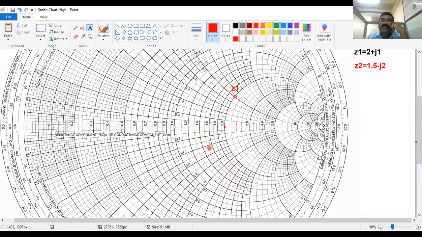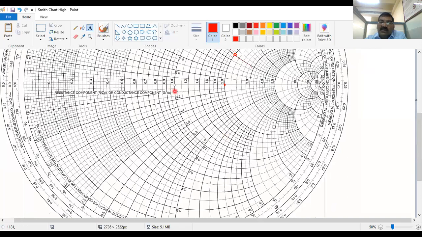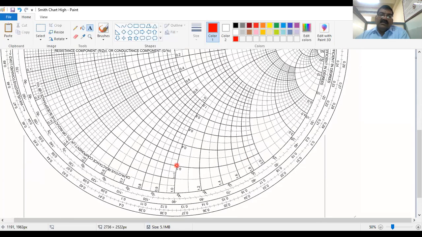I hope this thin line is visible. And where is 2? Now you can go on the outer circle. On this circle it is 0.2, 0.4, 0.6, 0.8, 1, and here is the 2. You can see the same thing here: 1, 1.2, 1.4, 1.6, 1.8, and 2.